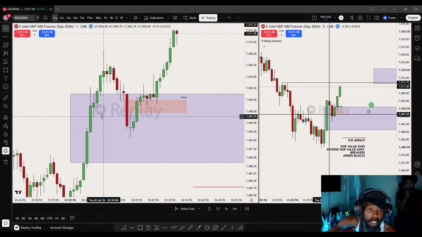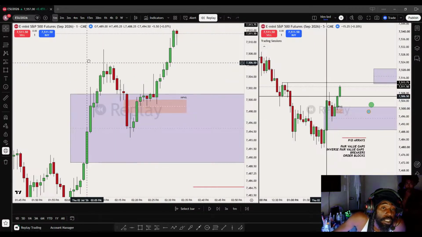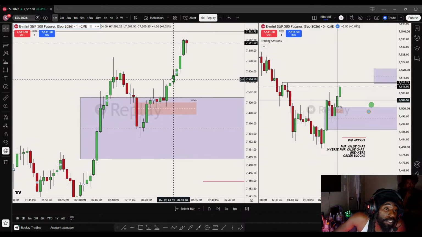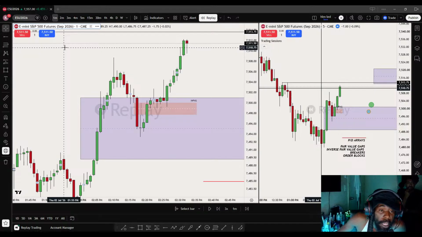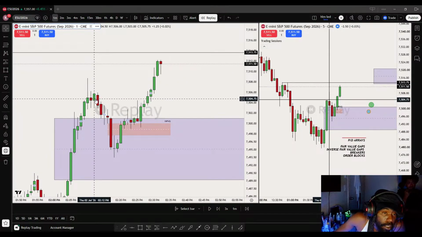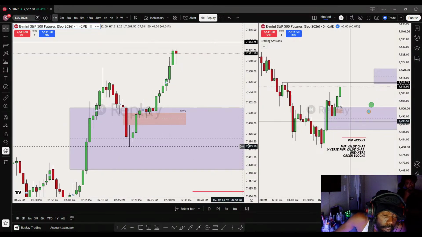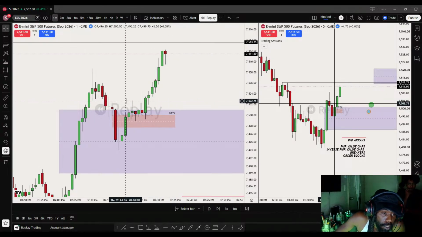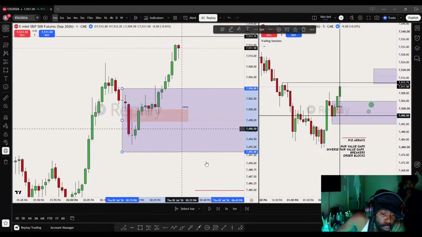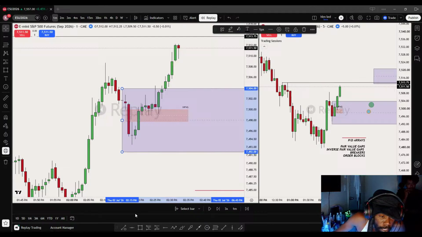You don't even got to be right 100%. All you gotta do is be right 3 times out of 10, and you could be rich as fuck. Right now I'm sitting at 70% per trade. So 7 out of 10 trades right now, I'm winning.